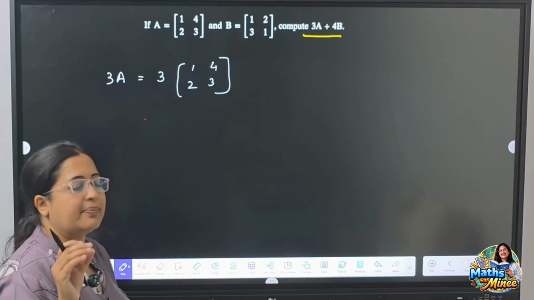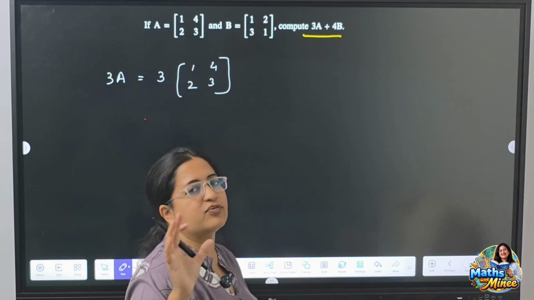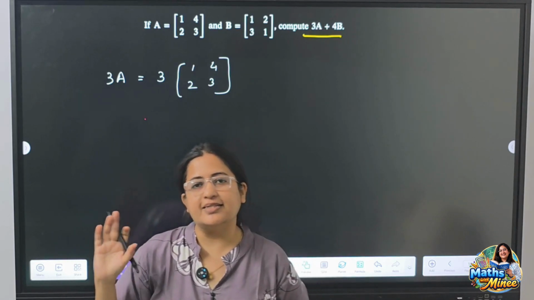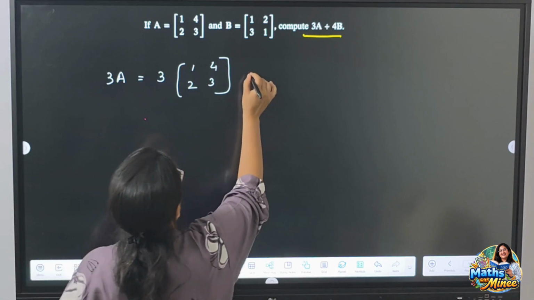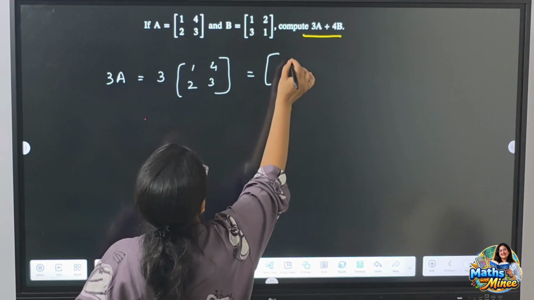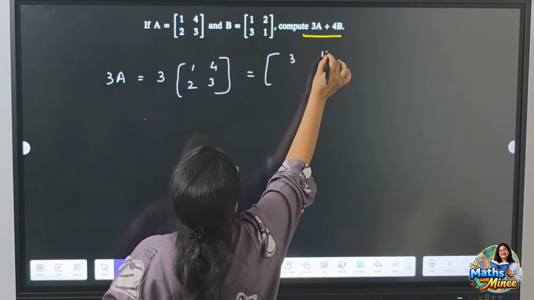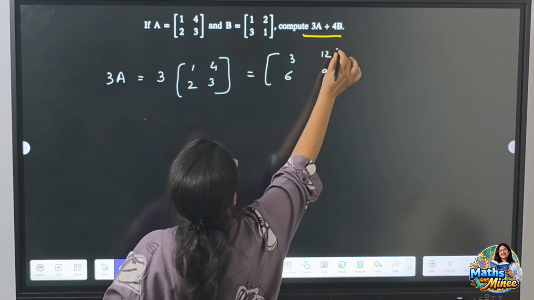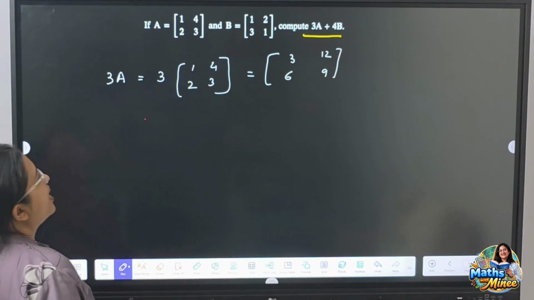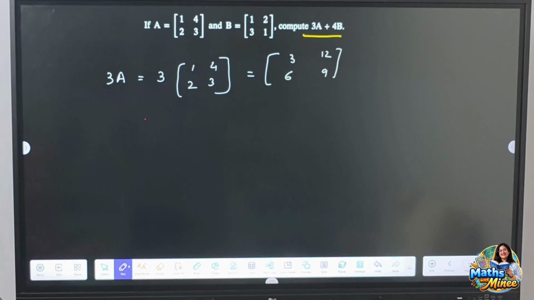See, if you are multiplying only with a number, you don't have to see the order or anything. Just simply multiply. So your answer will be 3 times 1 is 3, 3 times 4 is 12, 3 times 2 is 6, and 3 times 3 is 9. So this is my matrix 3A.